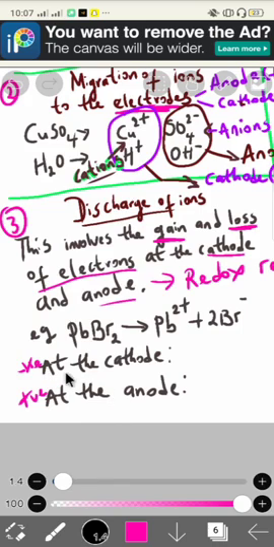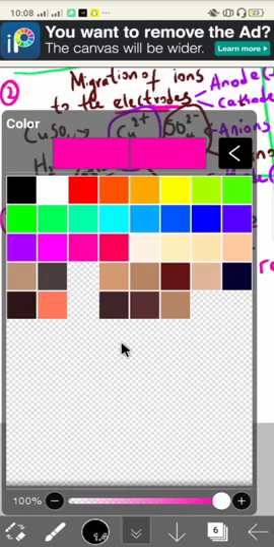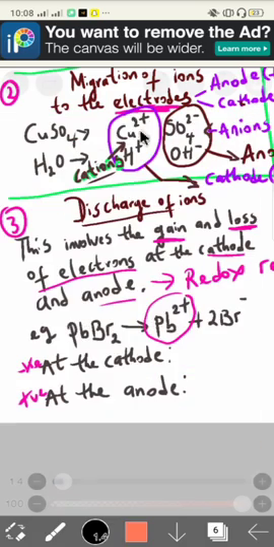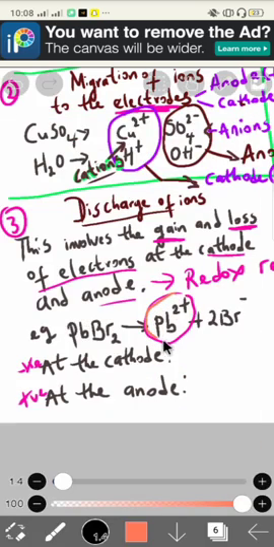So now at the cathode, between the positive and negative ion, which one will migrate to this cathode, being the negative electrode? The one that will migrate to the cathode is going to be what? Pb2+, which is lead ion.